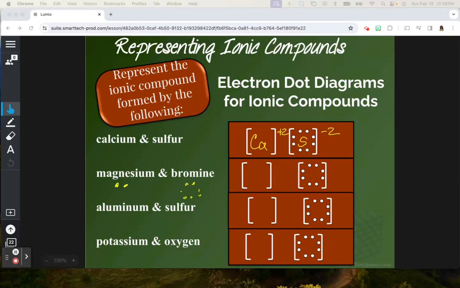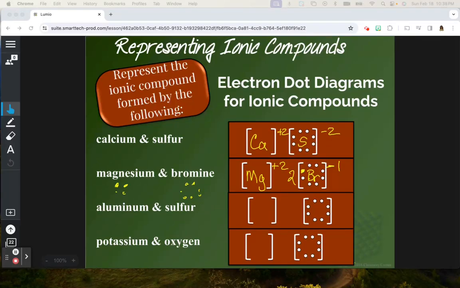So when magnesium loses its 2 valence electrons, it has a 2 positive charge. But we need 2 sets of bromines, because bromine really needs 1, but we need 2 of them to compensate for the 2 valence electrons that are going to be lost here. And that will give us the 1 negative charge times 2. Gives you a total of 2 negatives.